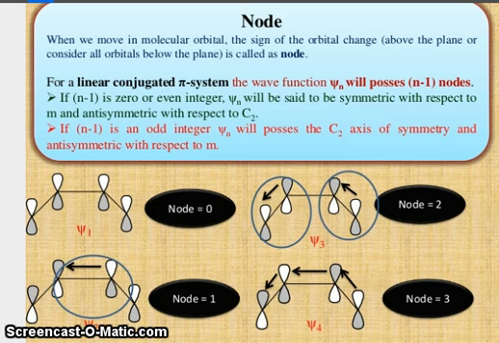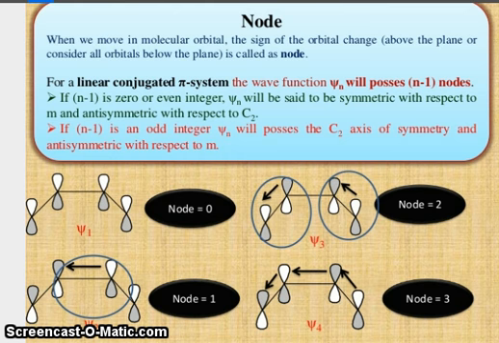For a linear conjugated pi system, the wave function psi n will possess n-1 nodes. If n-1 is 0 or an even integer, psi n will be symmetric with respect to m and antisymmetric with respect to C2.